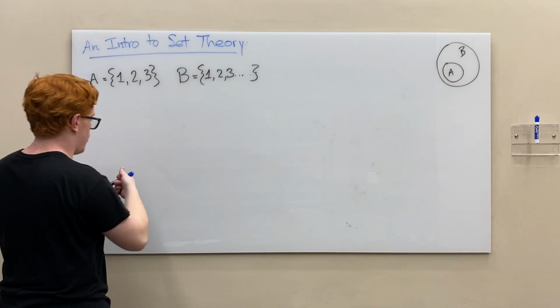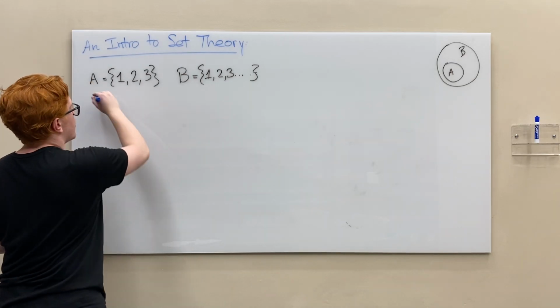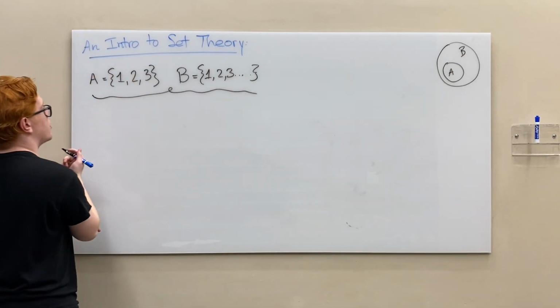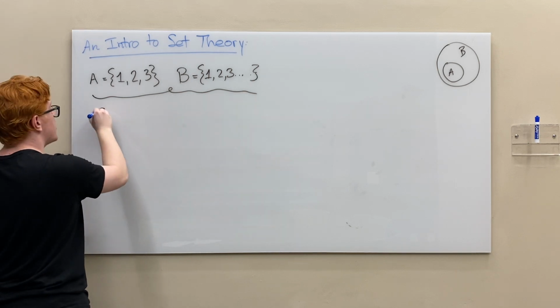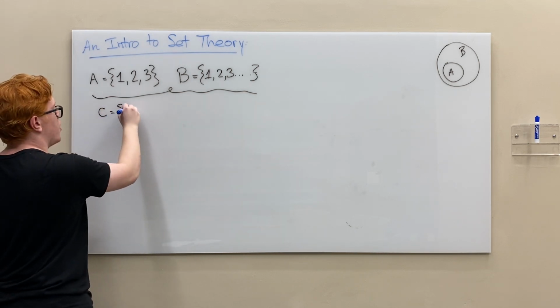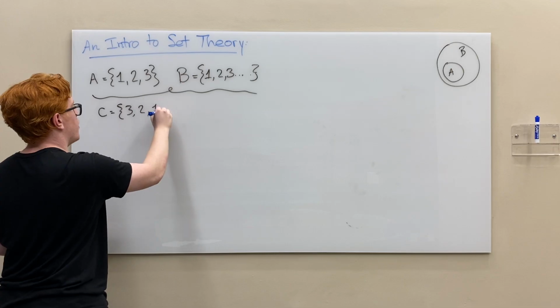So if we say, let's have another set, C is equal to {3, 2, 1}.